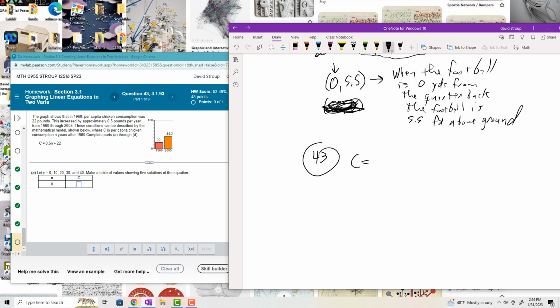C is the chicken consumption value per capita, I guess that's per 100 people or something. And then N is the number of years after 1960.